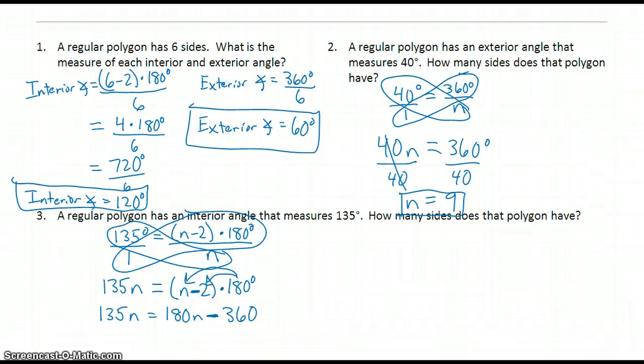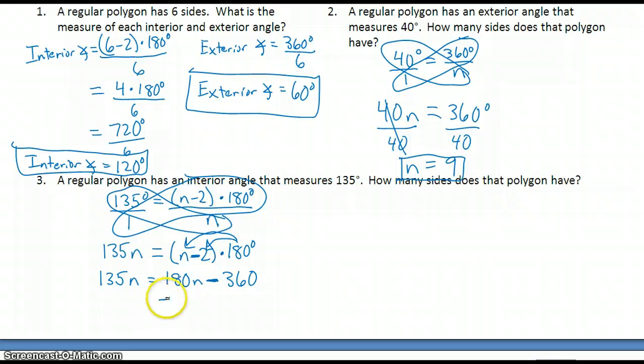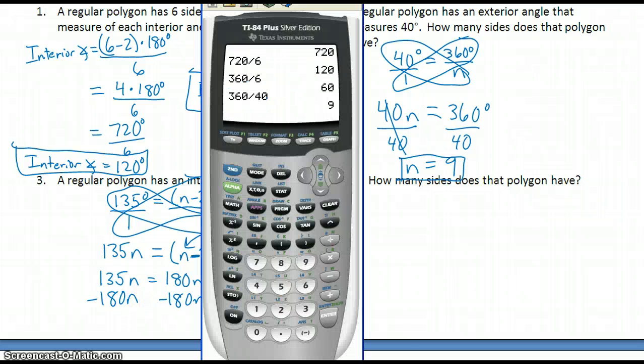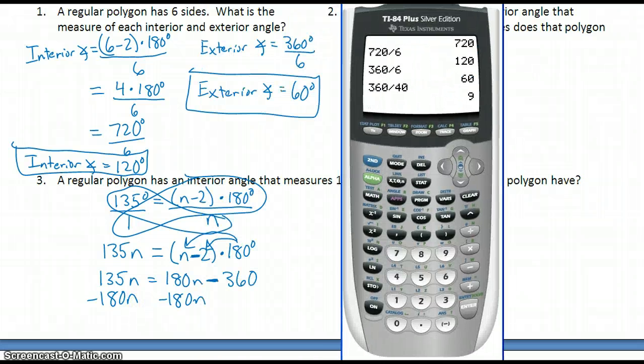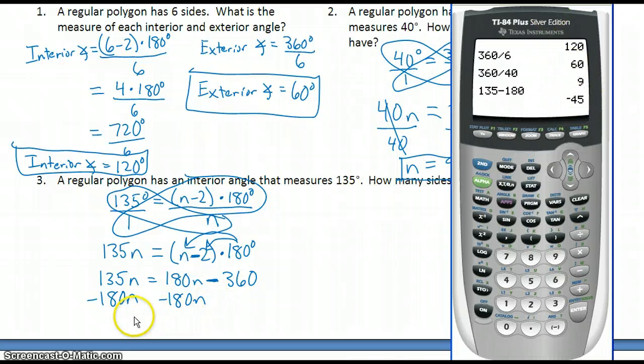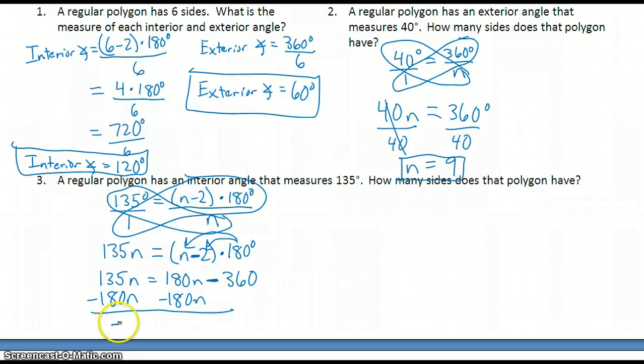I need to keep solving for n. I'm going to subtract 180n from both sides. 135 minus 180 gives me negative 45n equals negative 360.